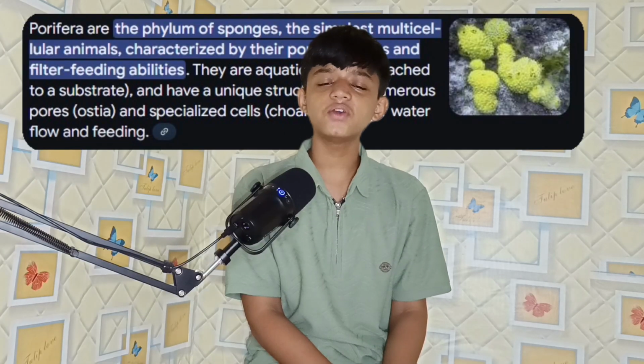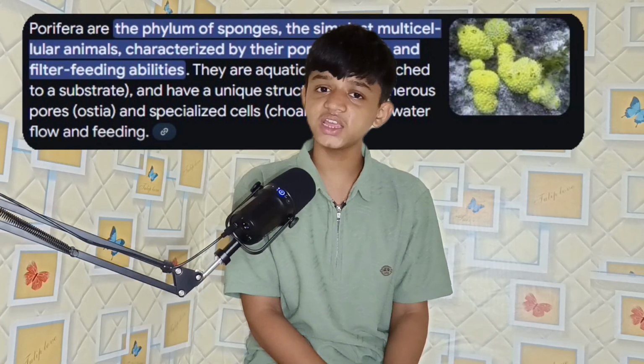But today, let's understand Porifera. What are Porifera? Porifera are organisms which are mostly aquatic and spongy. Hence the name Porifera, because they have a spongy body. These animals are mostly aquatic and marine, and a few are freshwater dwellers as well.